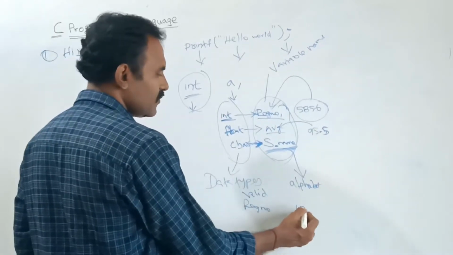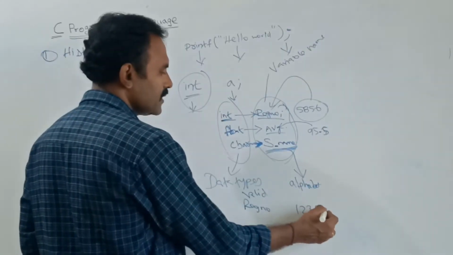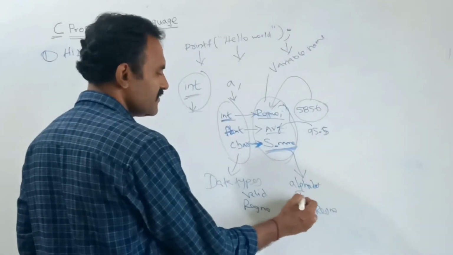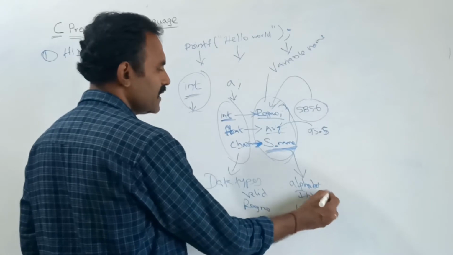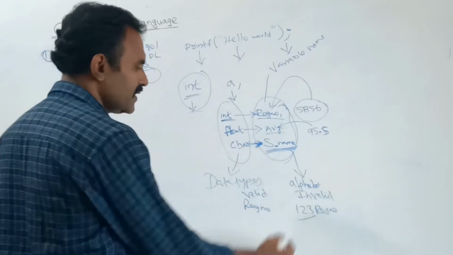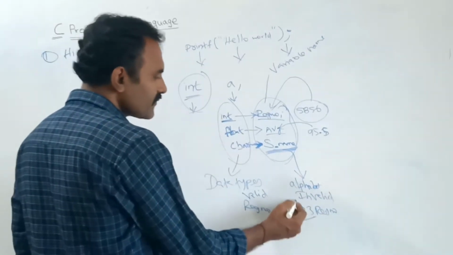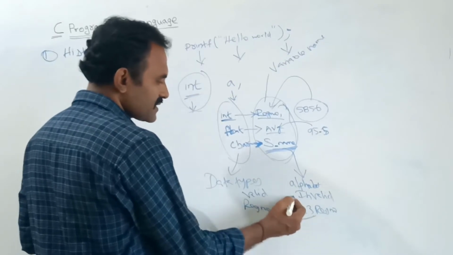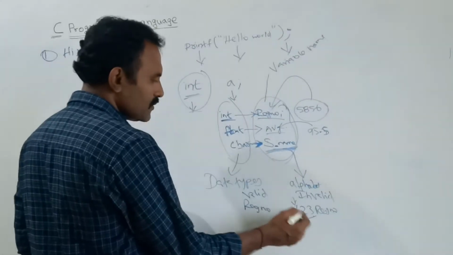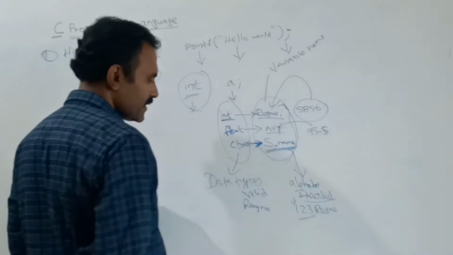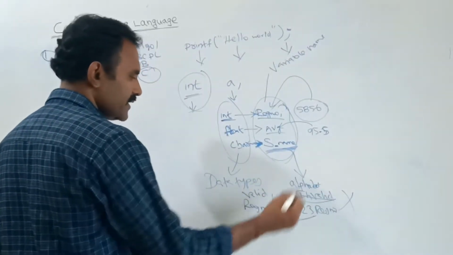Suppose I give 123 reg number, this is invalid, because I am storing a number for the first letter. The first letter of this variable name is a number, so it shows the error. This one is wrong, this one is right.